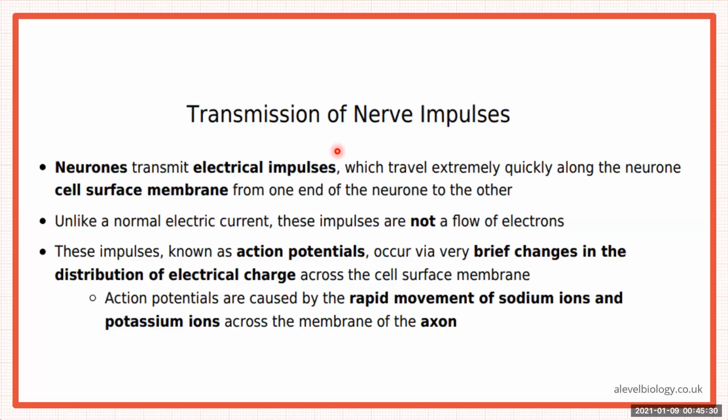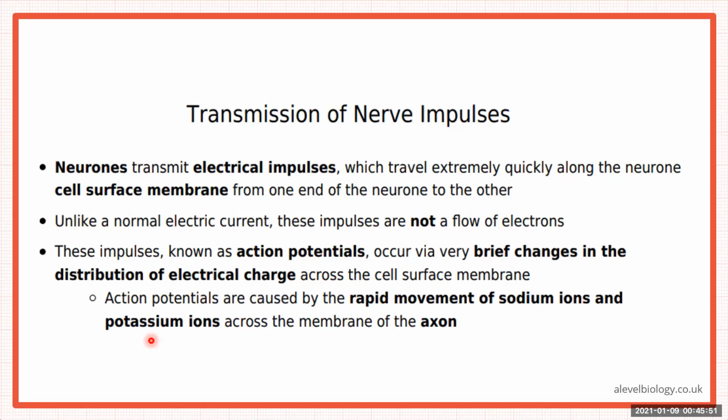All right, now we are going to talk about the transmission of nerve impulses. As we were just discussing depolarization, we will actually discuss what an action potential is. So these neurons transmit electrical impulses, which travel extremely quickly along the neuron cell surface membrane from one end of the neuron to the other, right?